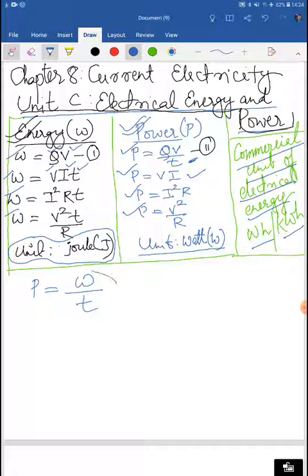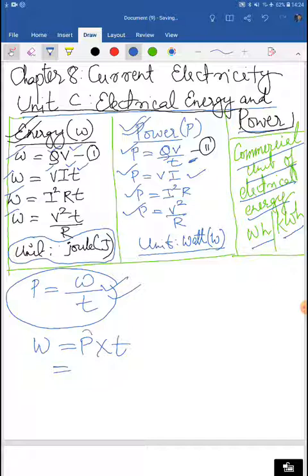Now you know that power is equals to rate of doing work, that is P is equals to W by T, right? So from here we get that W is equals to P into T, isn't it? I have just cross multiplied. Okay, so you know the SI unit of power is watt, and the SI unit of time is second.